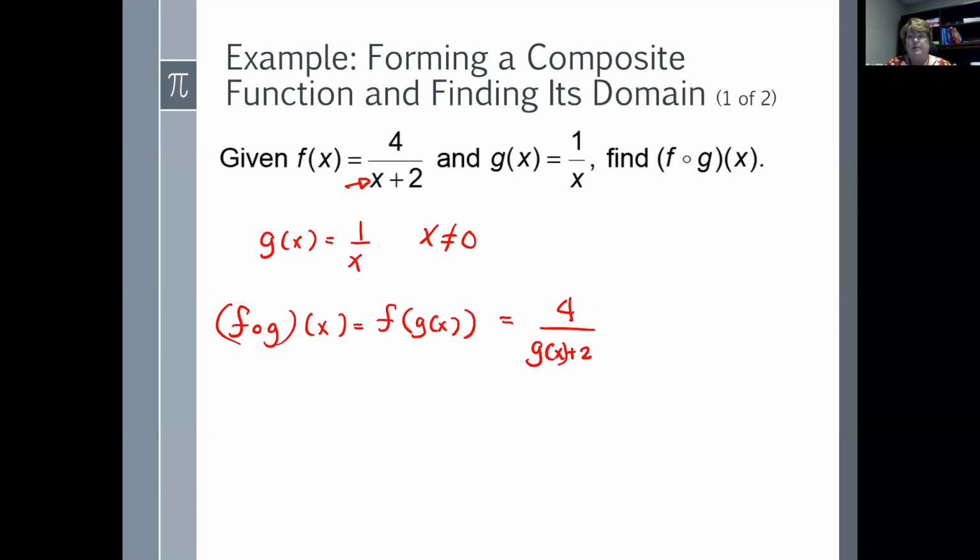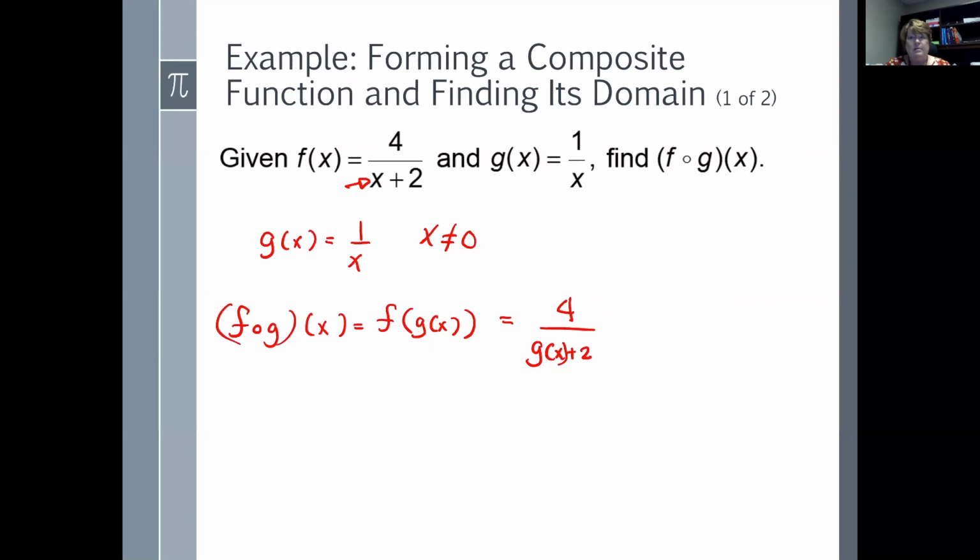Now I'm going to simplify this in a minute, and I'm going to replace g of x with 1 over x, and then I have a complex fraction that I need to simplify. But I need to pause here and look at the domain of this thing. I cannot let the denominator of this fraction equal 0. That's not going to be in the domain.